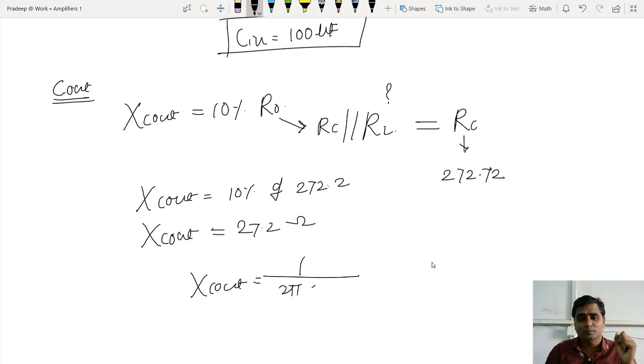See, if we have already calculated the components, what else is there in the circuit? Just check, just check.